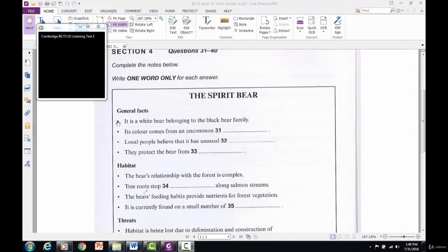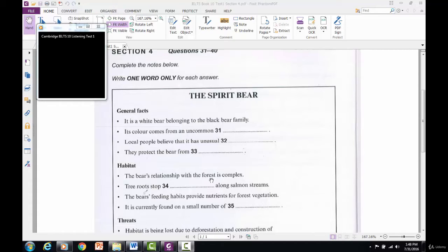And you want to take it and you move it with the conversation. Okay? They're going to say general facts. Then they're going to go through these 4 things giving answers. Then they're going to say habitat. And then they're going to go through these four sentences. And then they're going to say threats. All right, they're just going to go directly straight through it, step by step.